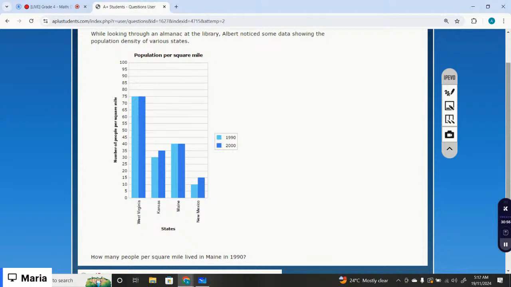While looking through an almanac at the library, Albert noticed some data showing the population density of various states. How many people per square mile lived in Maine in 1990? So, which is the correct option?